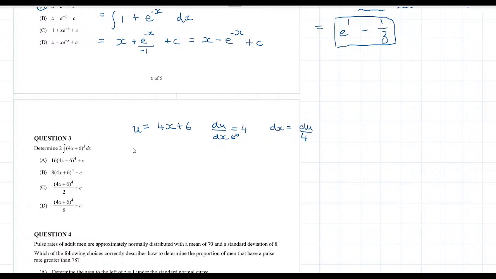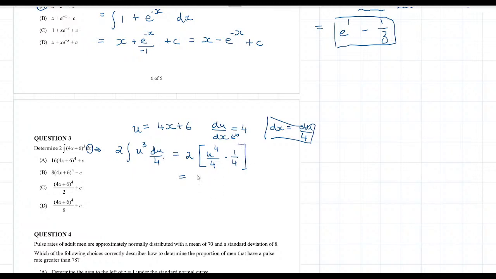And so once we have done this, we can rewrite this question as 2 times the integral of u to the power of 3, and our dx now becomes, we can replace that with what we have just found, du on 4. So let's integrate that. So that's going to be 2 times u to the power of 4 divided by 4, times 1/4.